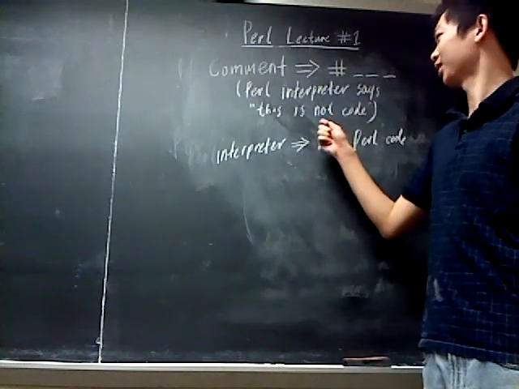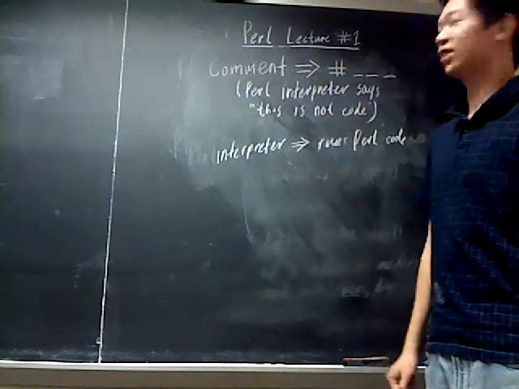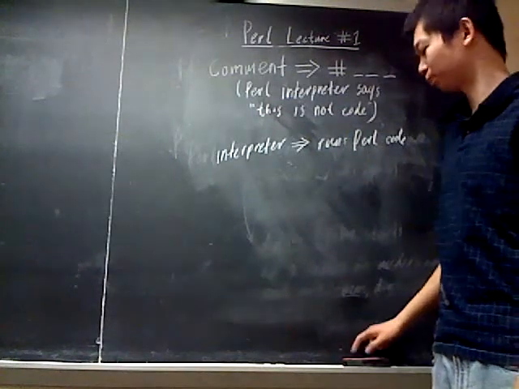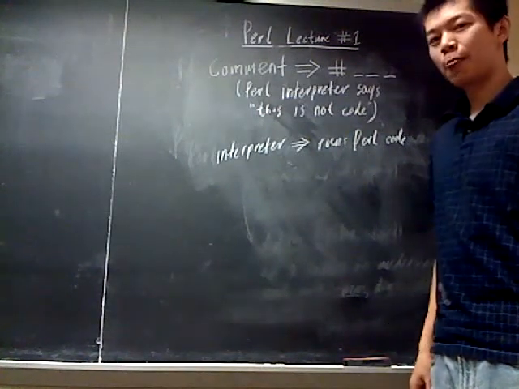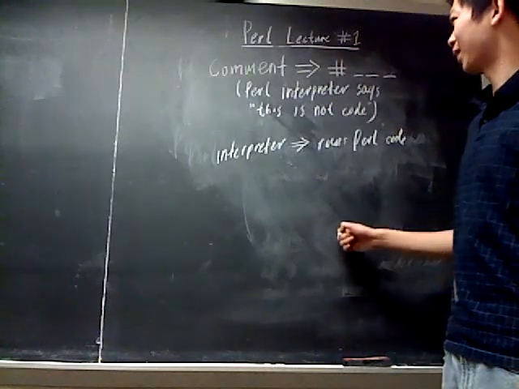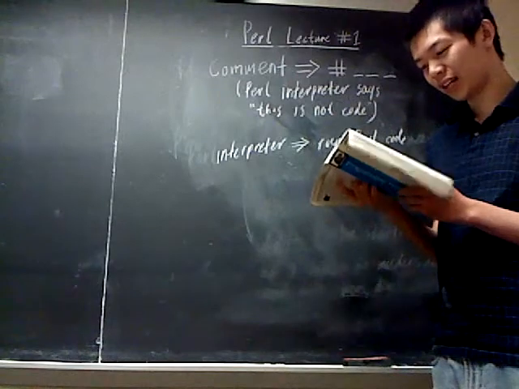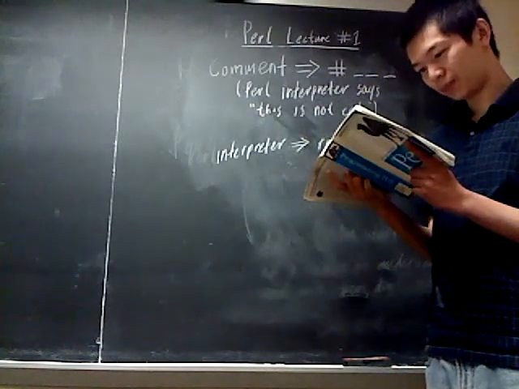So comments are actually very, very powerful, and you should use them as often as you can when you're writing your code. So the next thing I want to talk about after comments is a very, very interesting hierarchy.